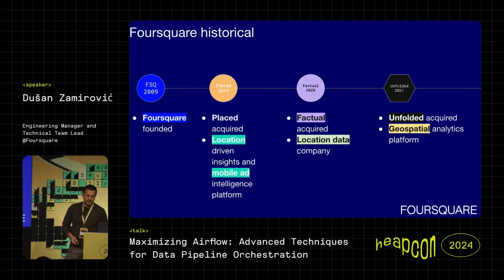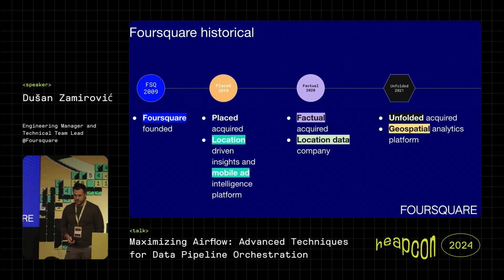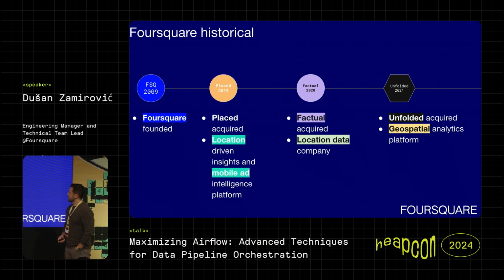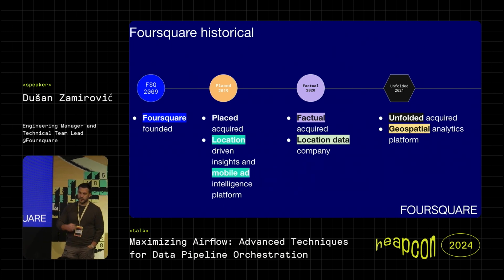In 2019, Foursquare acquired a company called Placed, which was also a location-driven marketing platform. The next year, we acquired Factual, another location data company, and in 2021, we acquired Unfolded, a company built on top of something that was released by Uber as an open source tool.